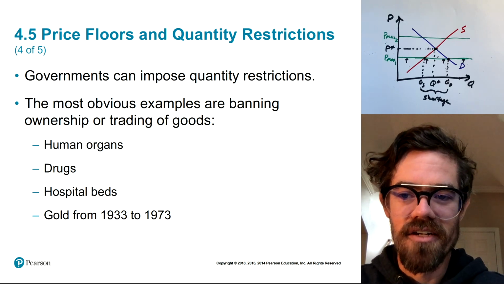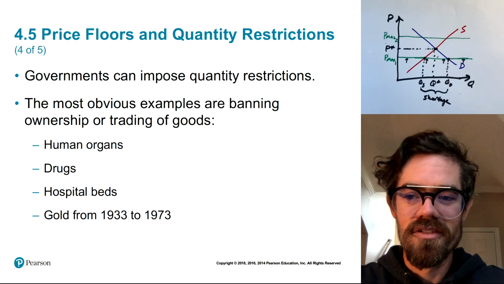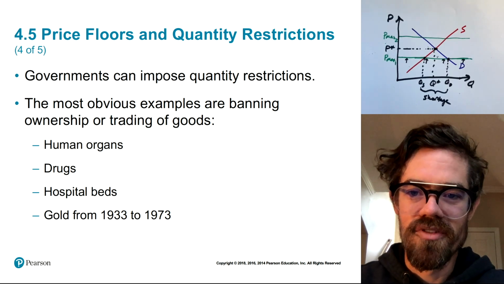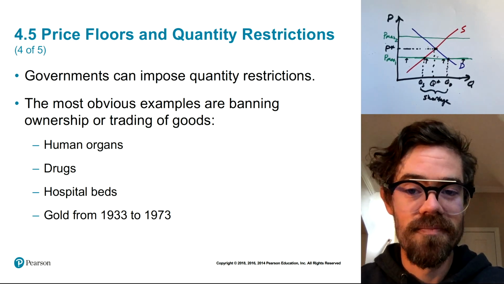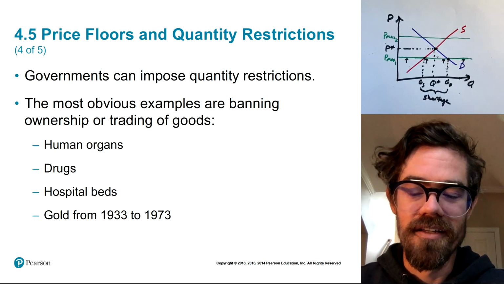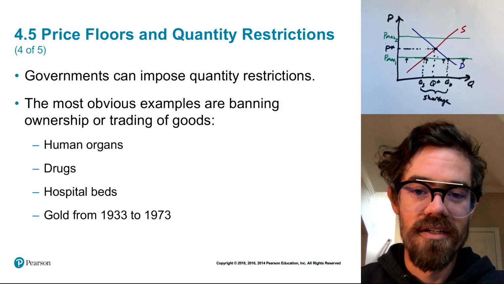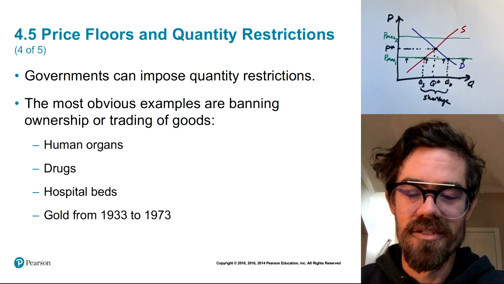And as it turns out, you couldn't trade gold between the years 1933 and 1973. So these are all examples of quantity restrictions where the quantity is restricted to zero. But of course, there are illegal black markets for at least drugs. There almost certainly was a black market for gold in those years. And there may even be black markets for human organs and hospital beds to some degree.